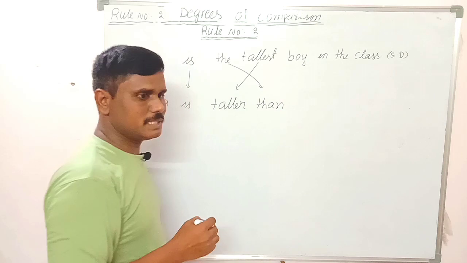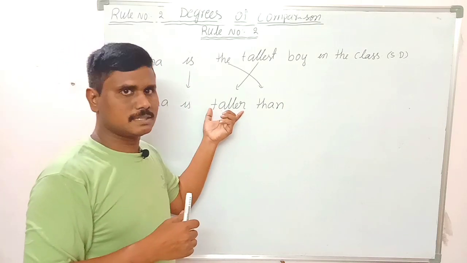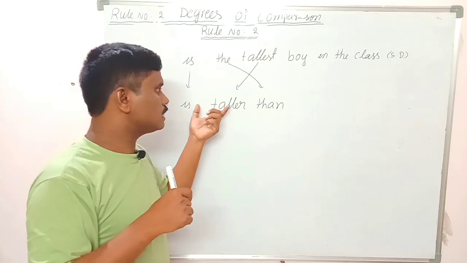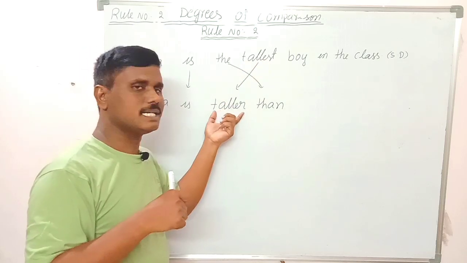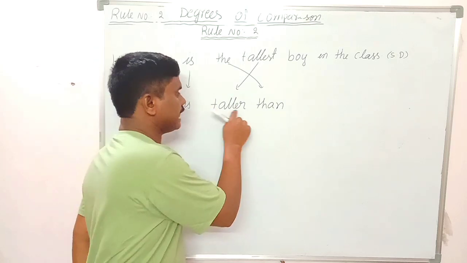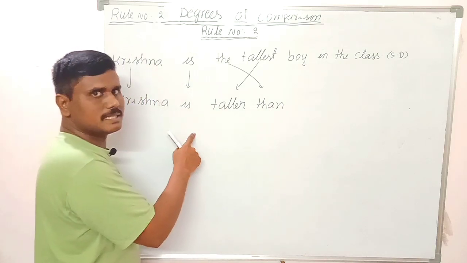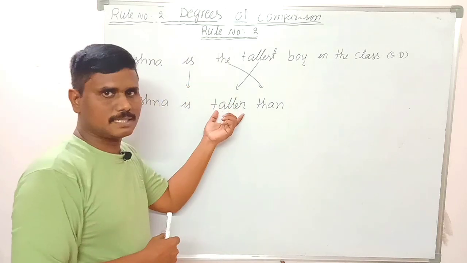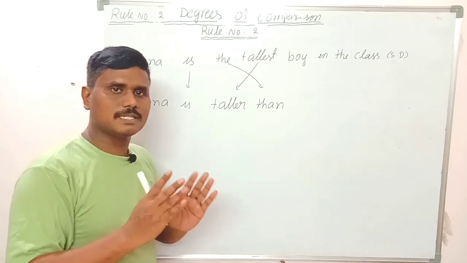So what is important means in the examination they may give like this: more taller, wrong, most taller, wrong, more tall, wrong, because for the tallest, the second form is taller. Be careful. In this way they may ask, otherwise they may give a blank. Krishna is dash than, here A tall, B taller, C tallest, D more tall. The correct answer is A, taller. So in any way they may ask, but we have to learn perfectly.